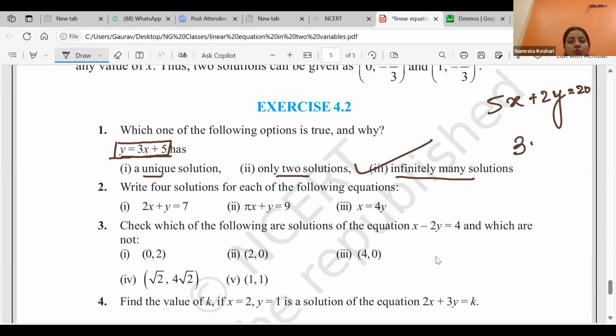If I ask you 3x is equal to 5, how many solutions are there, you will say a unique solution, because this equation is a linear equation in one variable. Making sense? Yes, ma'am.